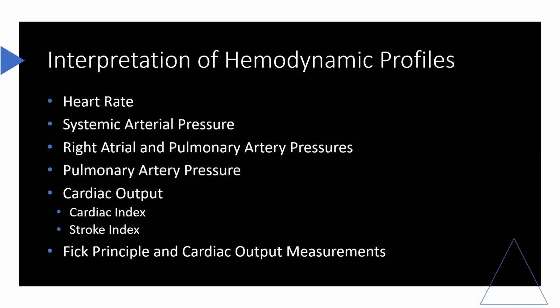PAOP, which reflects preload of the left side of the heart, is a valuable parameter to monitor when performing an optimum PEEP study. If PAOP increases significantly during the study, it could indicate overinflation of the alveoli. Actual blood flow through the vessels may not be affected because the transmural pressure, or the pressure difference between inside and outside the vessel, may not have actually decreased.